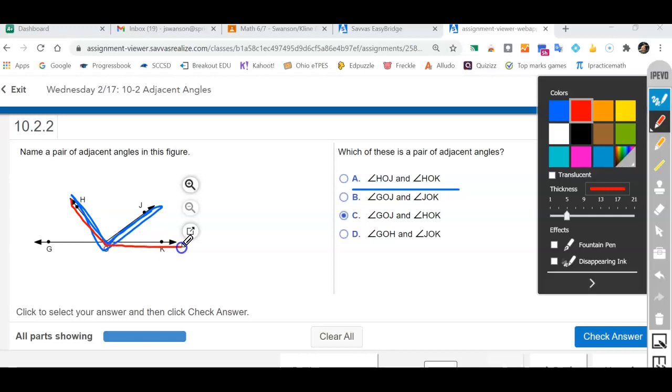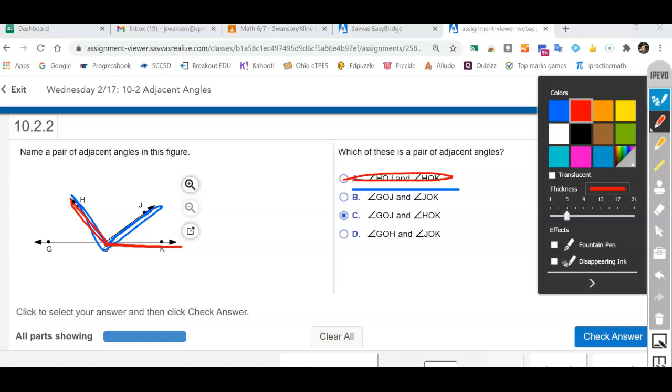So look at this right here. Are those adjacent? The red and the blue. They share a side, don't they? But are they sitting next to each other? No, one is sitting on the inside of the other, isn't it? Therefore, it's not adjacent. So no, cross that one off.